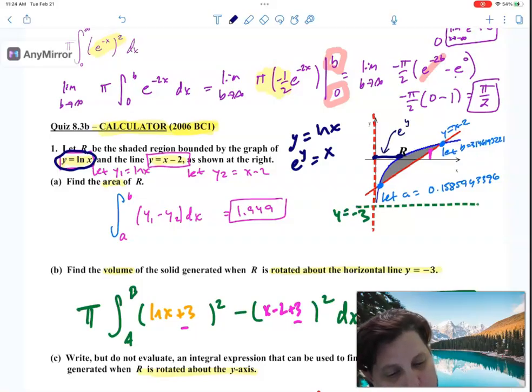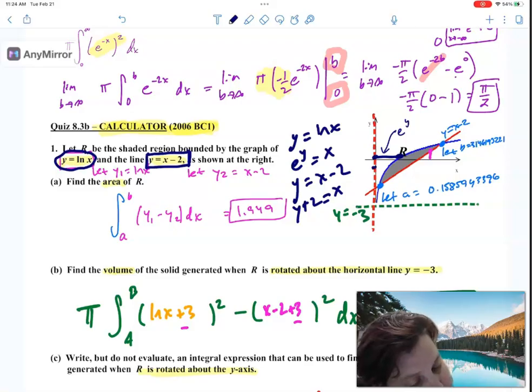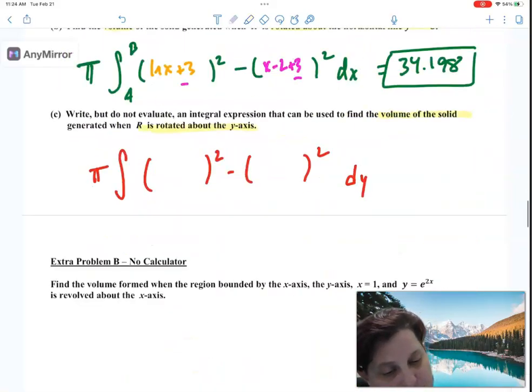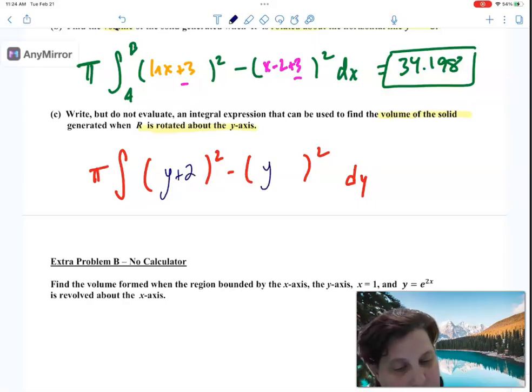Now we have this line y equals x minus 2. Well, it's actually x equals y plus 2, and so the distance from here to here is y plus 2. The outer radius is going to be the y plus 2. The inner radius is going to be e to the y. So when I set this up, this is going to be the outer radius minus the inner radius.